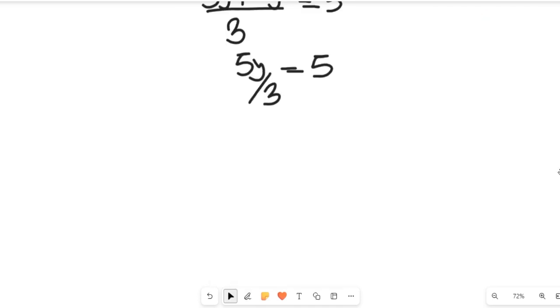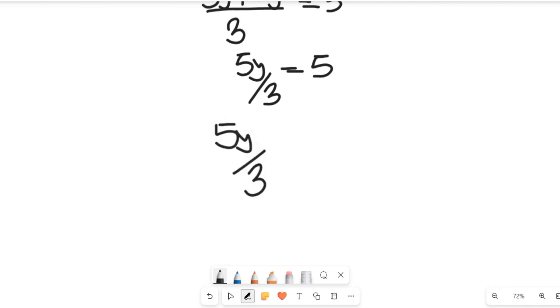Right? So we'll have to multiply both sides by 3. The main reason why we multiply both sides by 3 is to clear the fraction. So we'll have 5y divided by 3 multiplied by 3, right? That will be equal to 5 multiplied by 3.